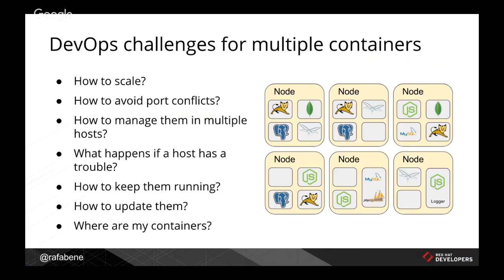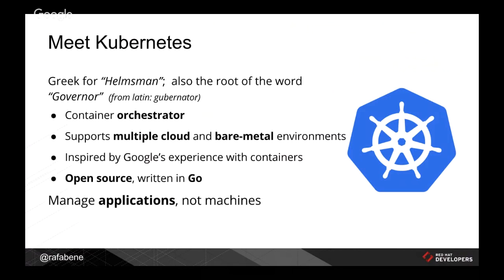In that case, what are the difficulties? What are your challenges? You probably will face challenges to scale those containers, to avoid port conflicts. What will you do to update them, to know where they are running? And to answer all those challenges, we have the Kubernetes project.